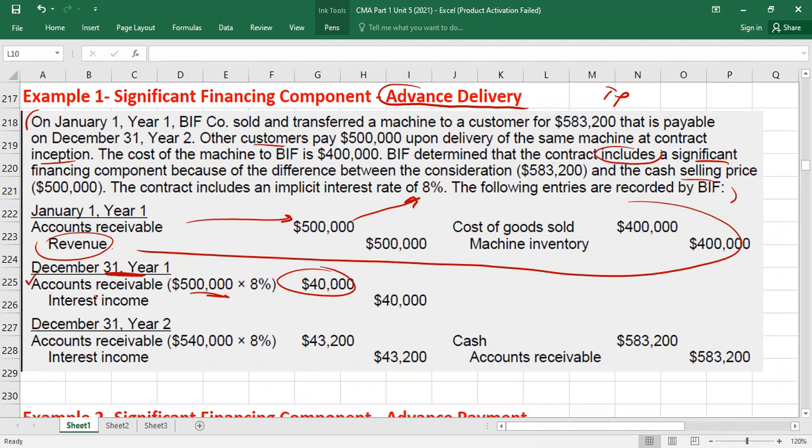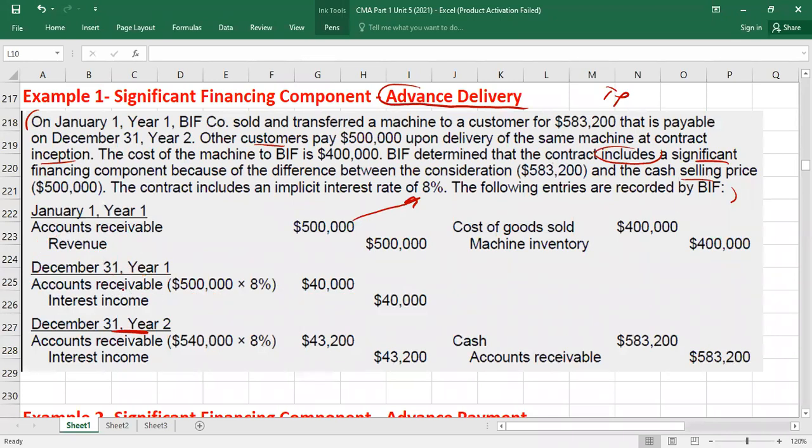Debit accounts receivable. You are still booking receivables because it's not yet received. And credit what? Interest income, not revenue. Then you will wait another 1 year. For the second year, you also calculate the interest. Again, the rule is you calculate interest on the amount of receivables.